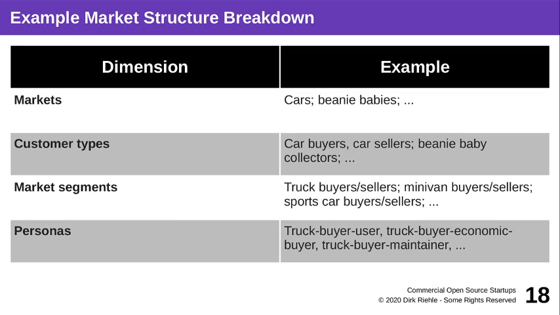So it's a breakdown from the overall market that's there for your value proposition, all the way down to personas in a given potential customer company in some market segment. And so you can see it here, how maybe if you're selling cars, you have very different customers who you're selling to.